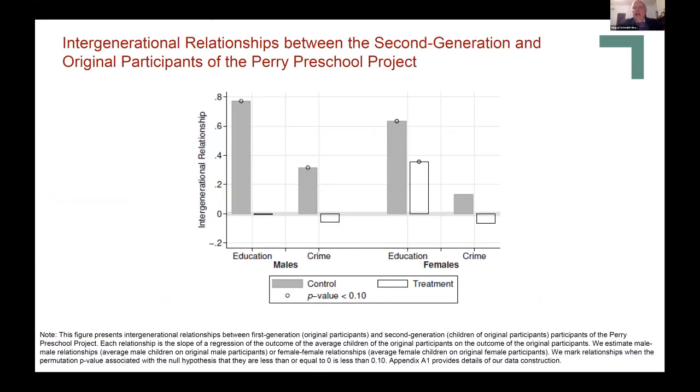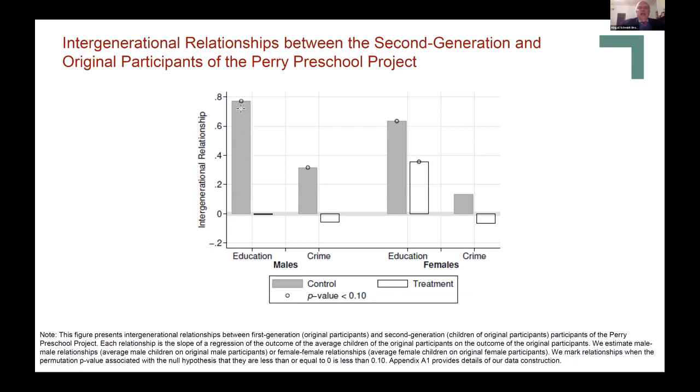But here comes the interesting thing. Remember, I showed you those gaps between the advantaged and the disadvantaged kids. So here, if we look at something like educational attainment, this is the gap between the treatment and the control.